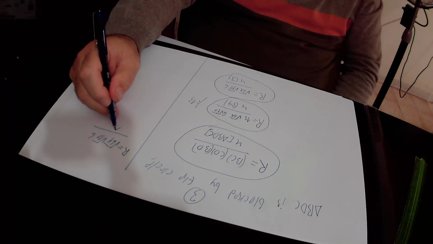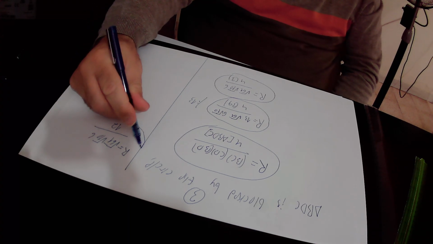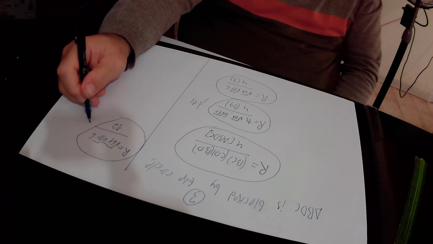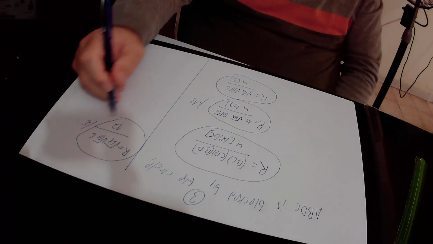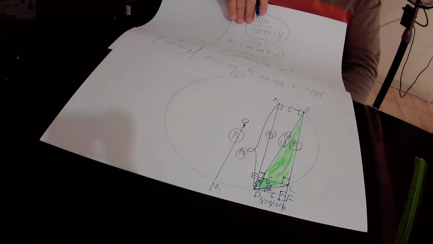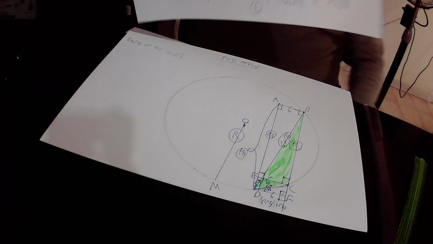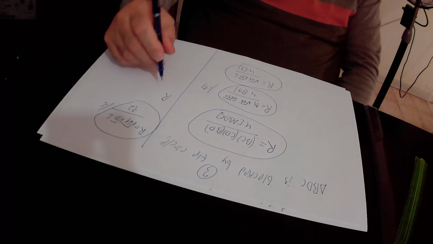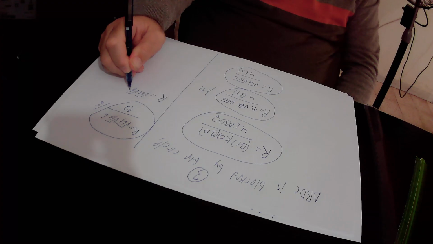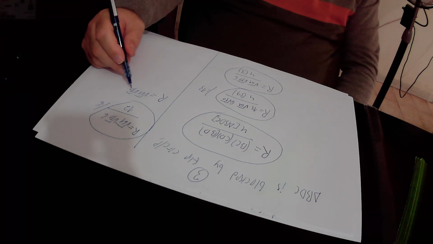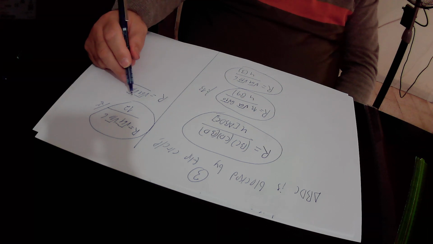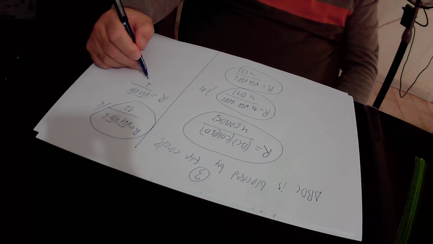Here we will divide both the numerator and the denominator by 6, so 6 over 6 is 1, and 12 over 6 is 2.